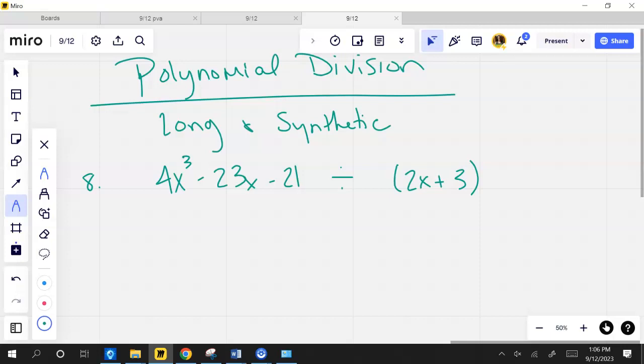All right, what do I mean when I say placeholder? I need a 0, but where do I put a placeholder?